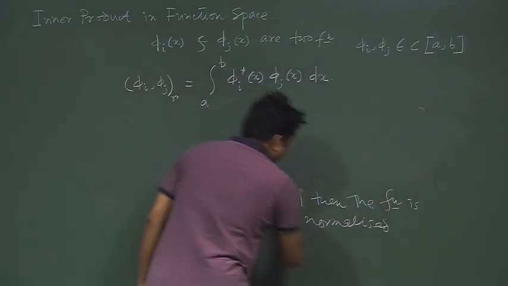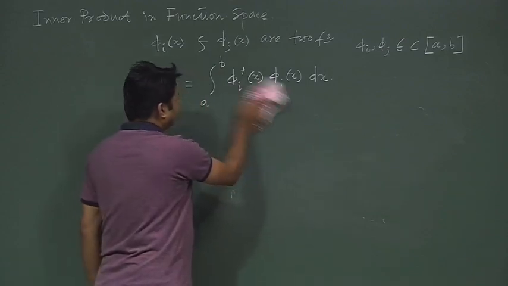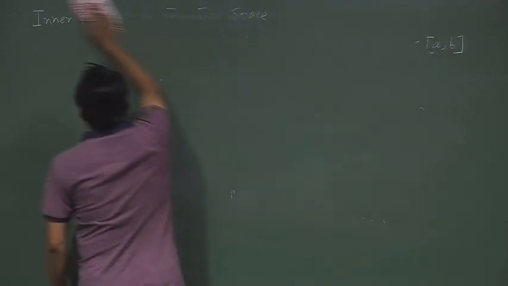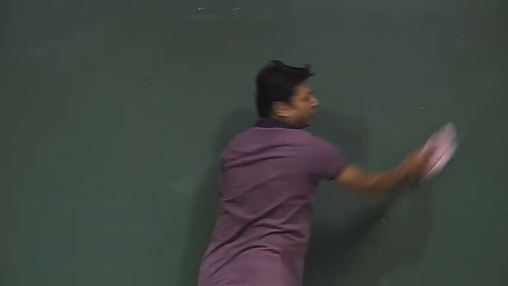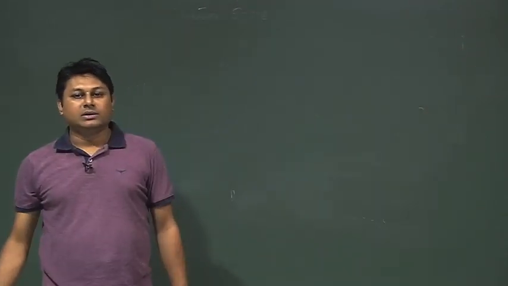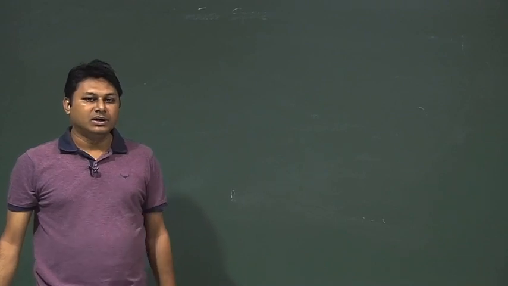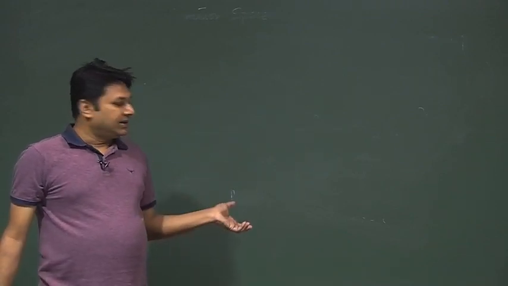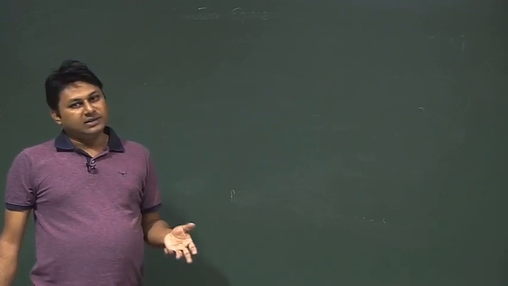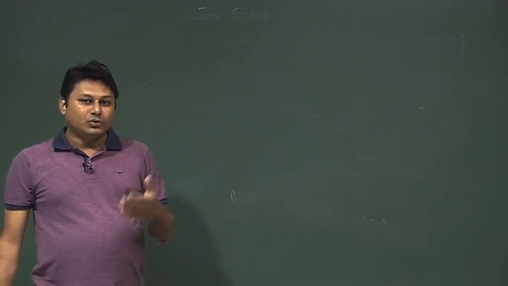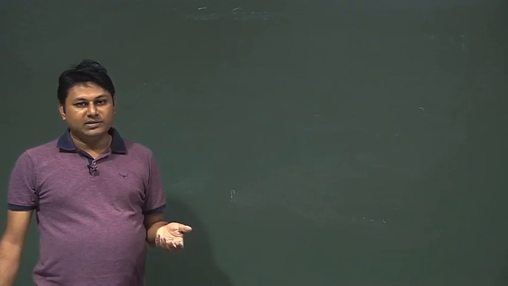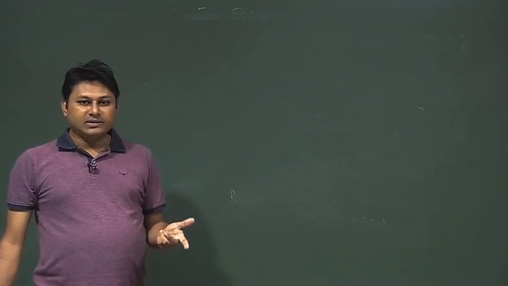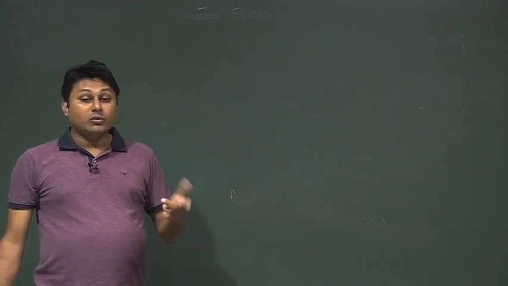At this point I would like to stop. So far we defined a very important concept, linearly dependent and independent functions. Then we defined the inner product of functions, and now I say that if the norm of a function is 1, then it is normalized. Now we are going to something very important, which is the basis, because when two vectors form a basis, they are orthonormal to each other.